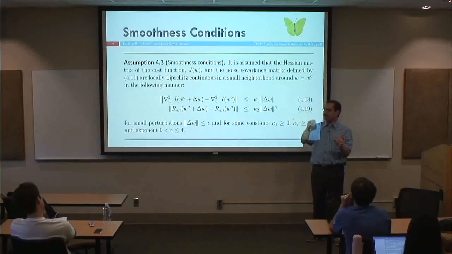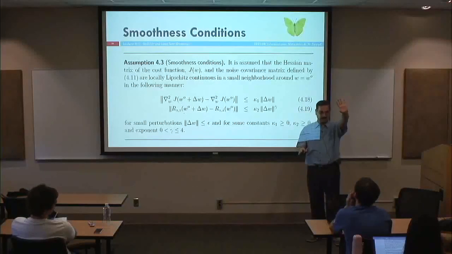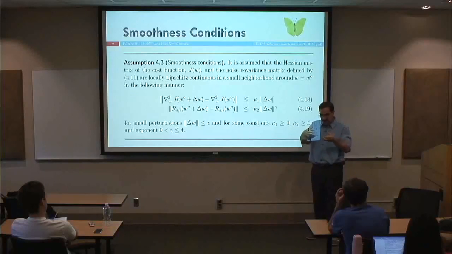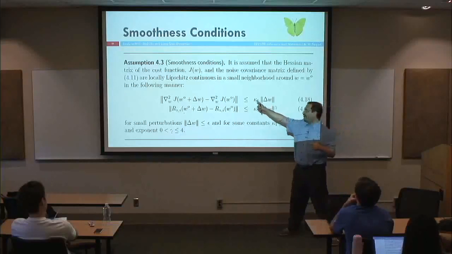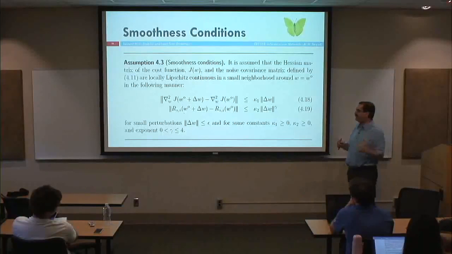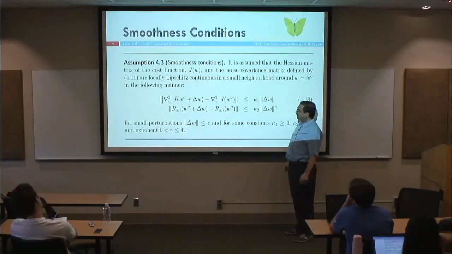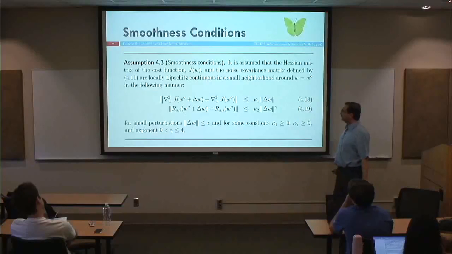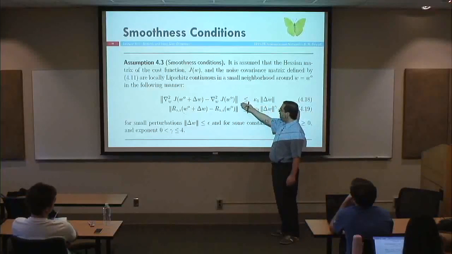Integrals of the gradient or integrals of the Hessian. These are general results. But then I told you that in the convex case, I can extract more information from the mean value relations if I assume that the Hessian is Lipschitz, right? That's, if you go back, you will find out, okay, that we did that, and you will see an element of that today. So here I'm assuming a similar condition.